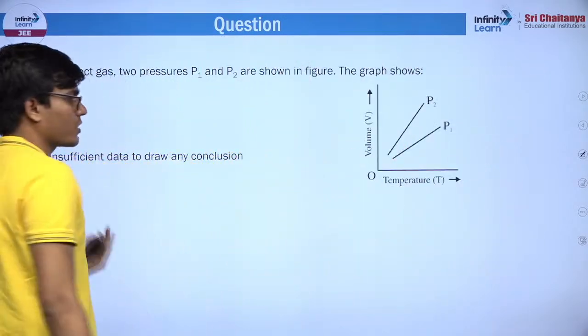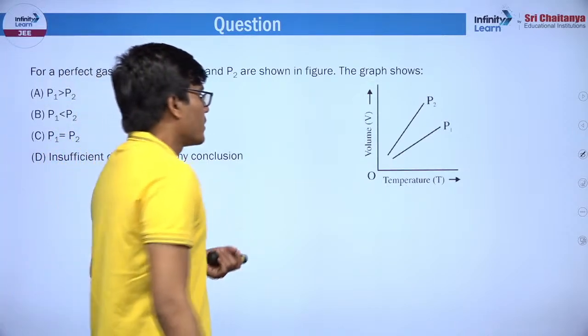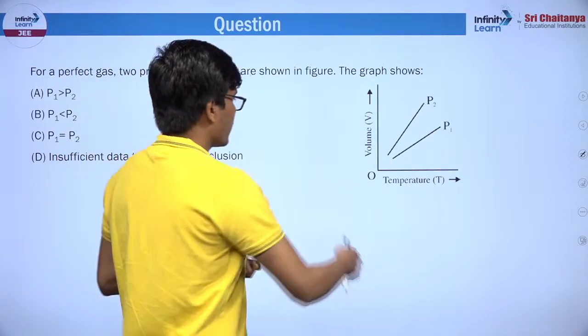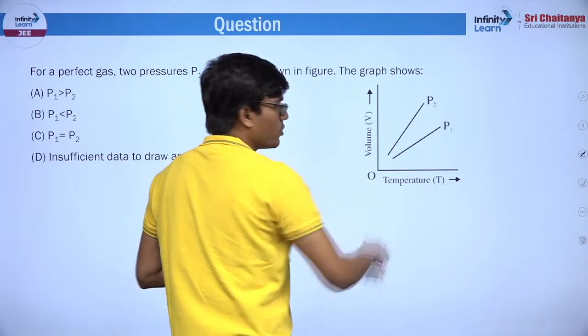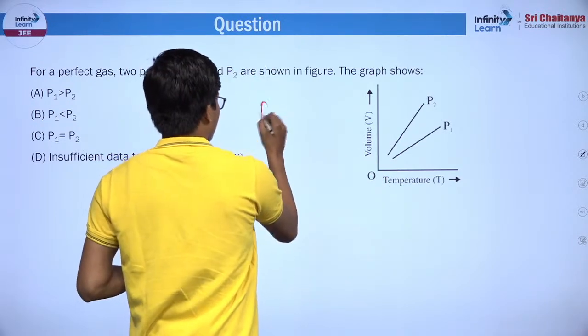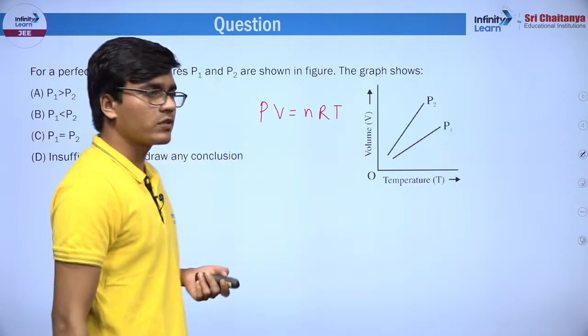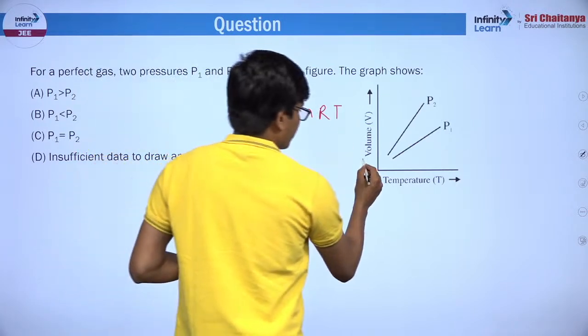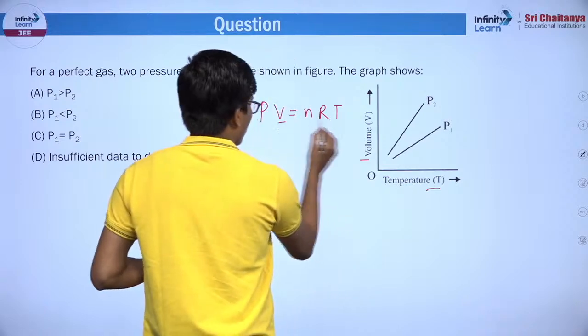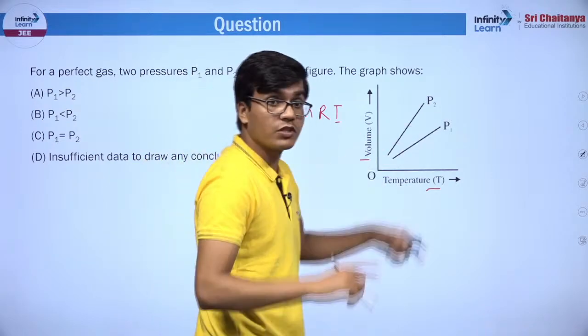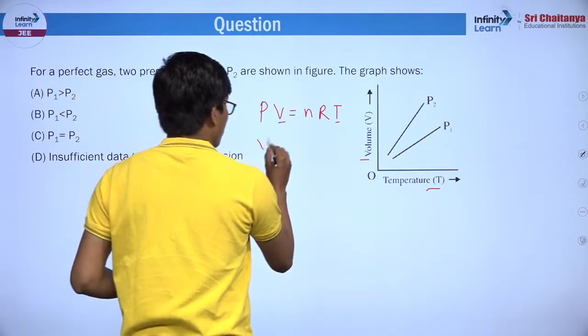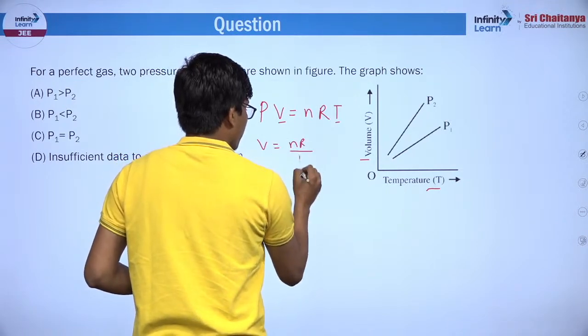Moving ahead, this is the question from KTG, kinetic theory of gases. Here you have a volume and temperature graph. If there is an ideal gas, you can apply the ideal gas equation. The graph between volume and temperature is given as a straight line, which means its slope has to be constant.